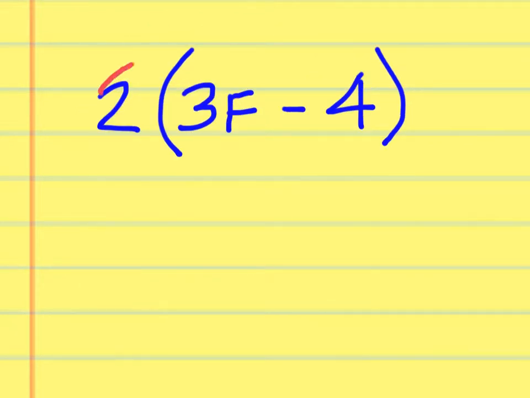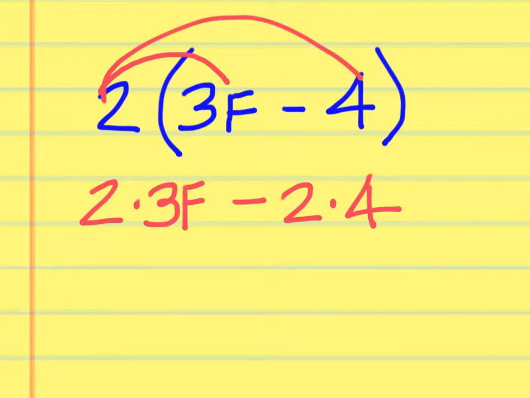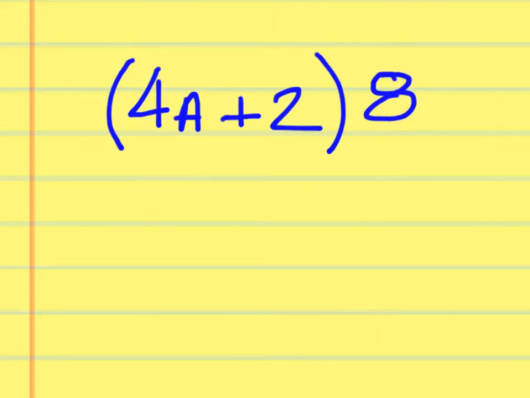For this one I multiply 2 times 3f and then minus 2 times 4. That would be 6f minus 8. Sometimes the number that's outside the parentheses is to the right. You still do it the same way.